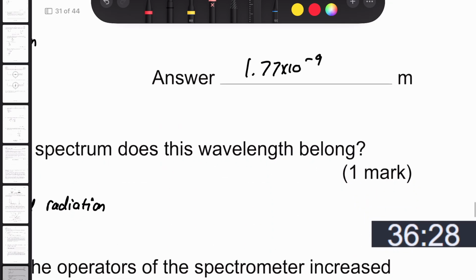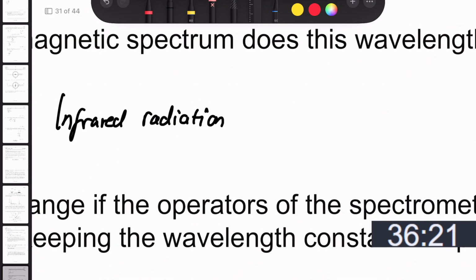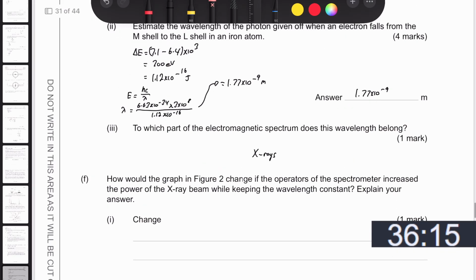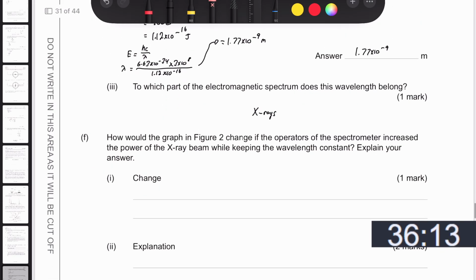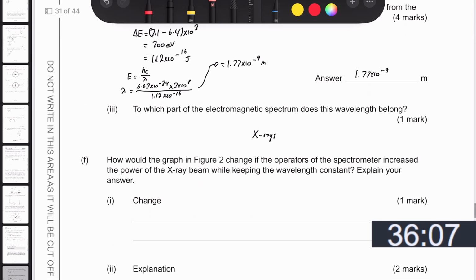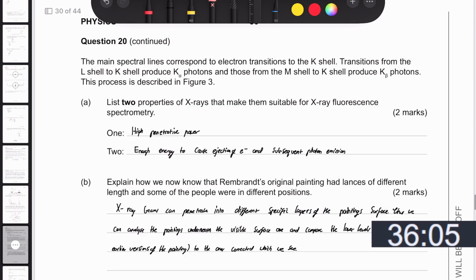And negative 9, that's going to be X-rays, I think.